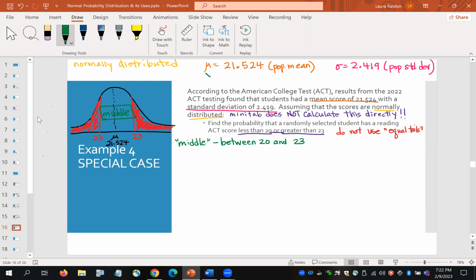So my x1 is 20 and my x2 is 23. Okay, so I'm going to go out and do that, and then we'll talk about it a little bit more.